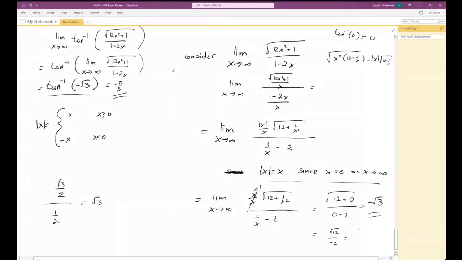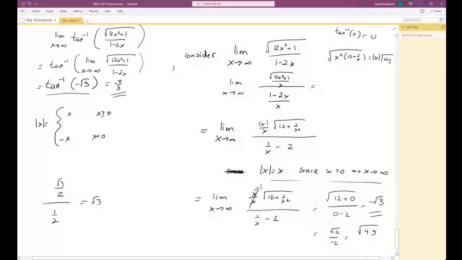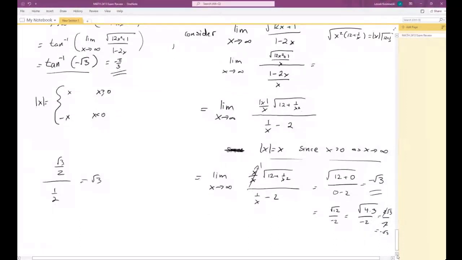So we know that 12 is 4 times 3, and we know square root of 4 is 2. So 2 divided by negative 2 is negative 1, so we're left with negative square root of 3. Does that answer the question? Even though it's in a very small font? Okay. All right.